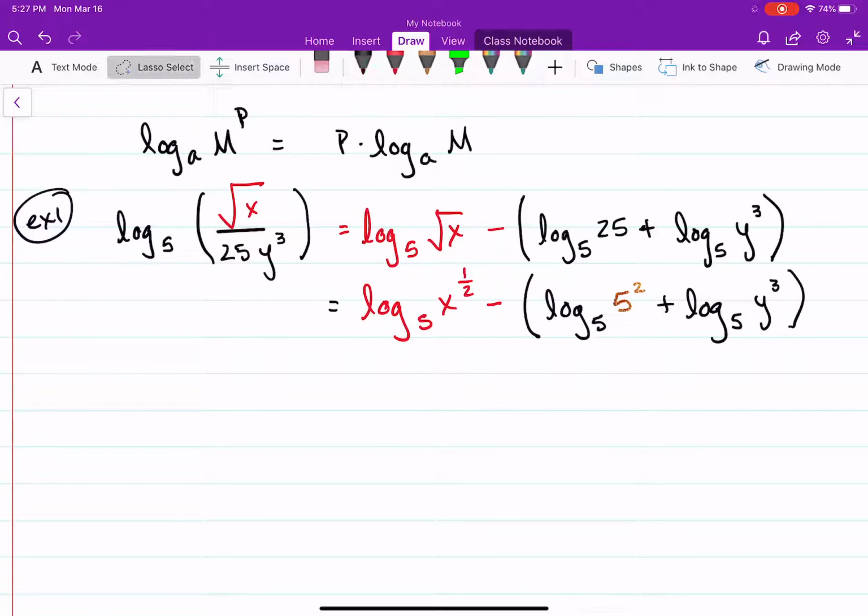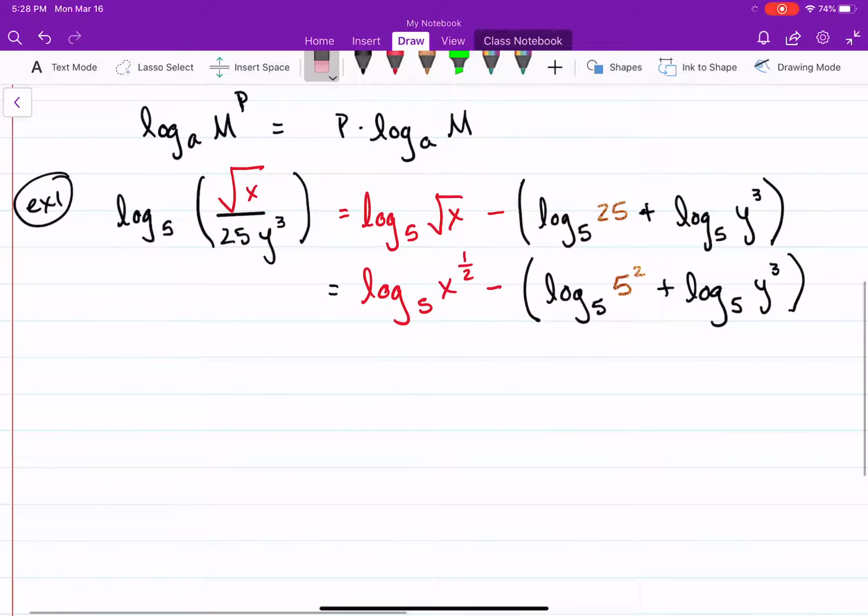I'm taking this 25 and changing it to 5 squared, so you see where that number comes from.